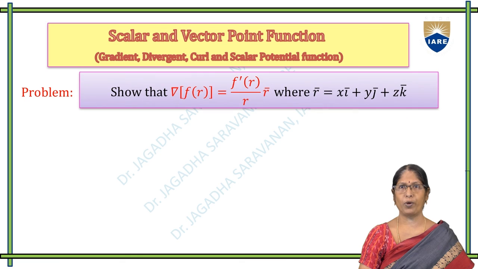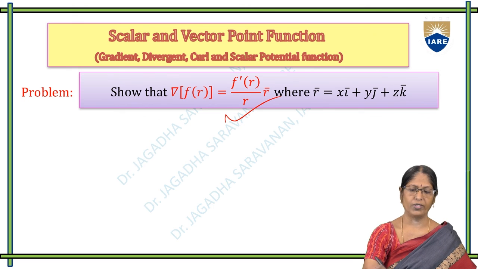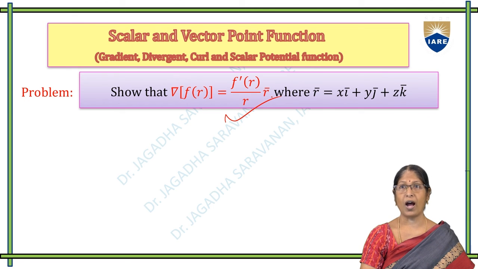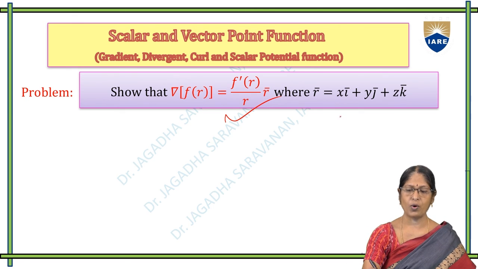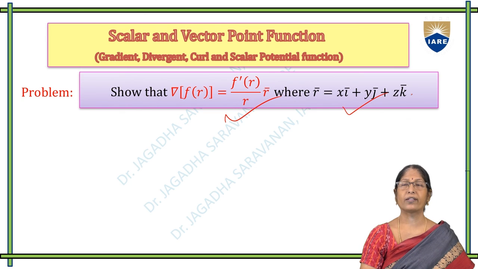So the next problem is, we are seeing here, show that gradient of f(r) is equal to f'(r) divided by r into r vector, where r vector equals xi plus yj plus zk.